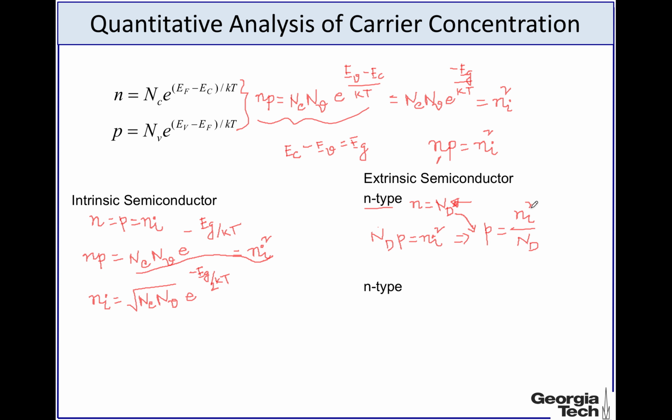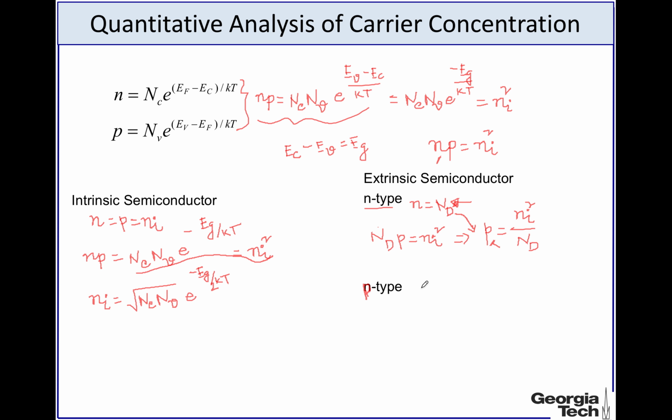Now as you can see, if Nd is high, your p, the density of holes, will be low. So the higher you dope a material with a dopant, the number of electrons increases, and that decreases the density of holes. Okay, so here this should have been p-type.